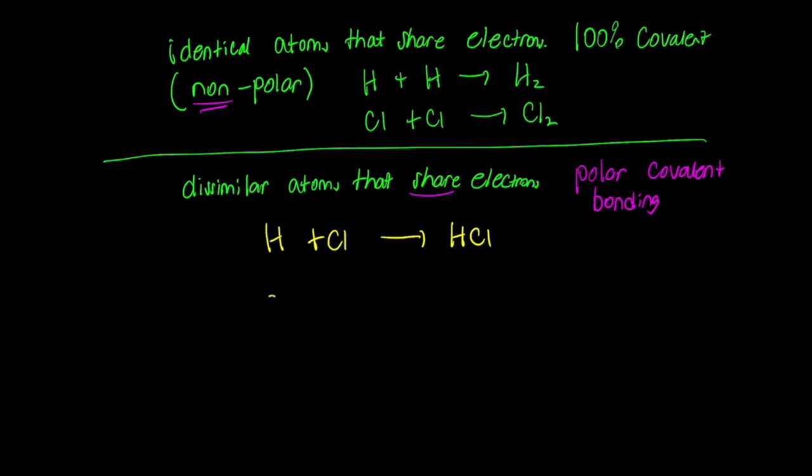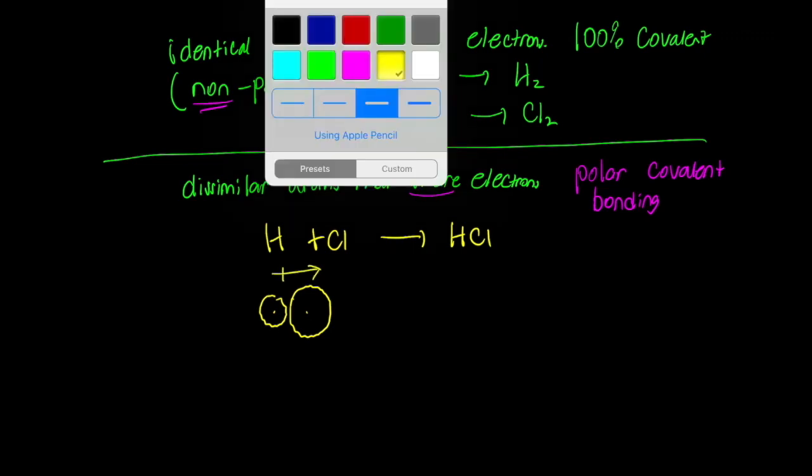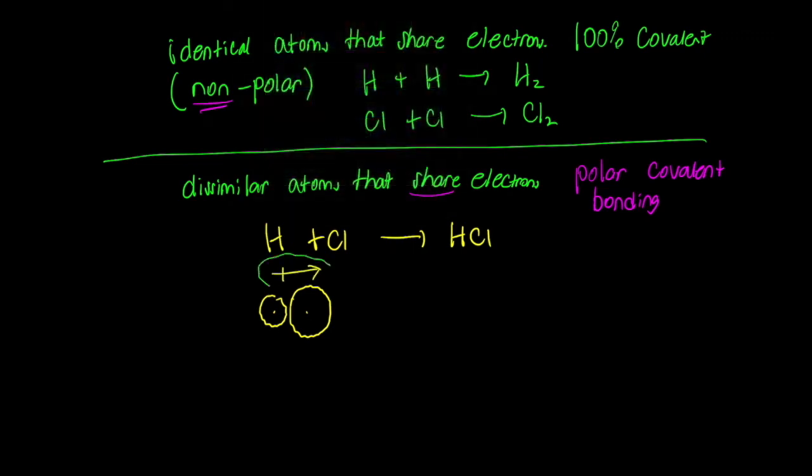Hydrogen is smaller, okay? And chlorine is a lot larger, okay? So it's kind of an unequal kind of drawing like that, okay? And now chlorine is kind of a hog. It likes electrons more, and so we draw what's called a bond dipole, okay? This arrow right here is called a bond dipole.